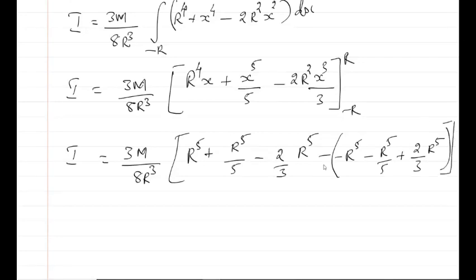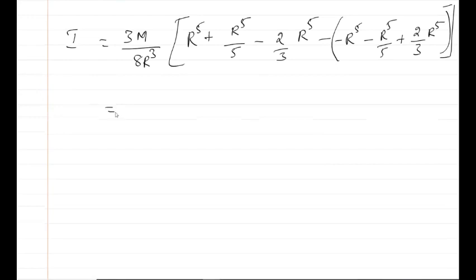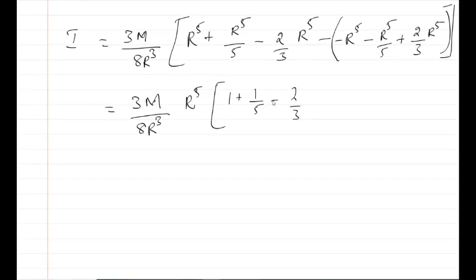Okay, now r power 5 is common. You can just take it out. So this becomes 3m by 8r cube into r power 5 times 1 plus 1 by 5 minus 2 by 3, and you can just take this negative sign inside. That becomes plus 1 plus 1 by 5 minus 2 by 3, and you have this r cube and this r power 5.